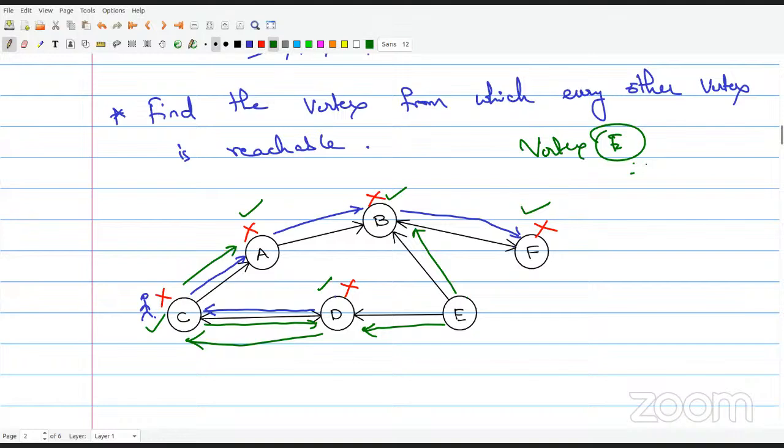So for example, let's say this is Agra and this is Bombay. If I draw an edge like this, that means there is a direct flight from Agra to Bombay, but there is no direct flight from Bombay to Agra.